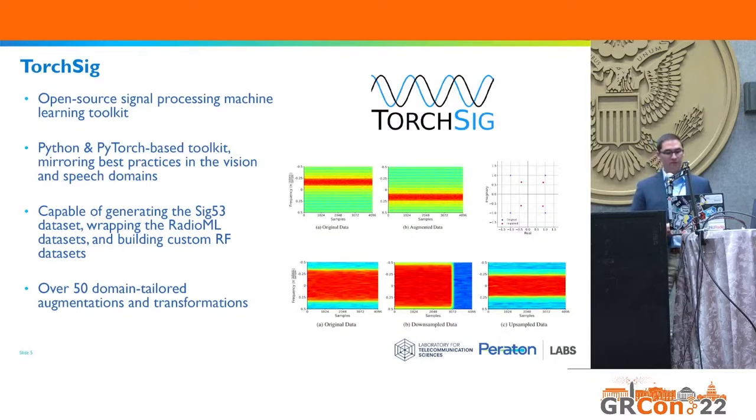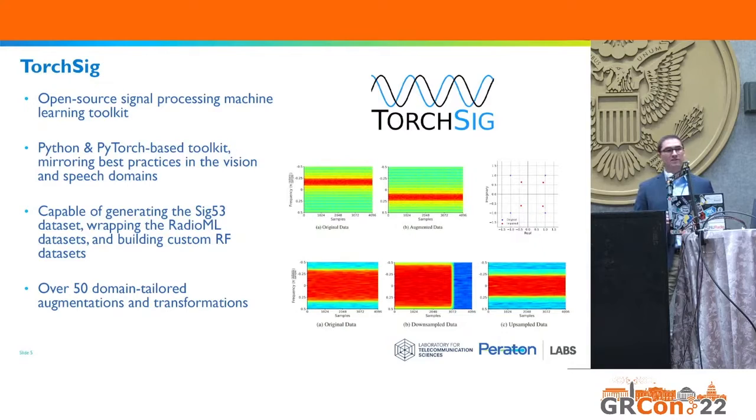So I've pictured a few here where we just have a spectral inversion data augmentation, where you can see the frequency is flipped. We have an IQ imbalance transform. It's probably a little difficult to see on the slides, but we have the original constellation diagram, and then amplitude, phase, and DC offset augmentations applied.